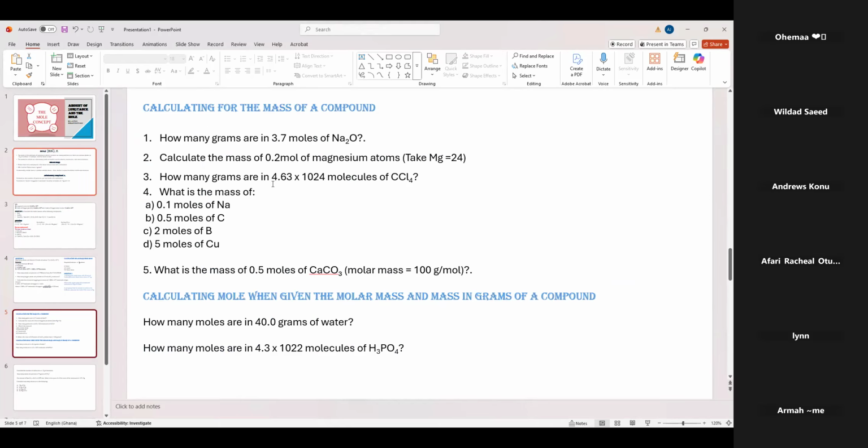So we just pick our formula, which is n is equal to small m over big M.